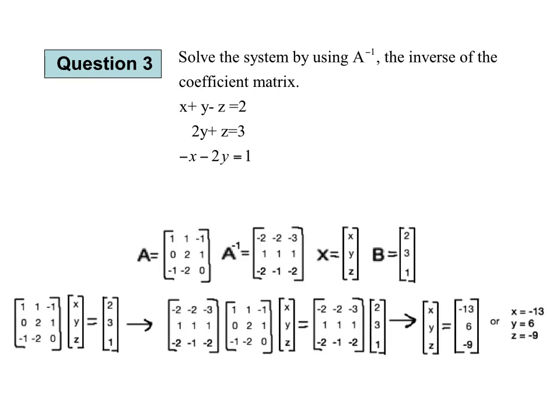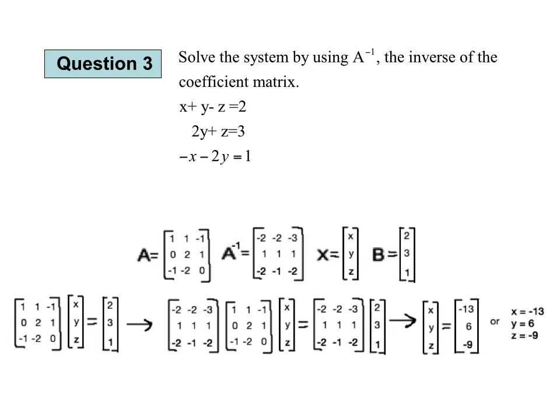Now that you've tried it yourself, let's make sure that we have all the same matrices. So first, we have the coefficient matrix of A, then performing row operations with the augmented form, we find A inverse to be negative 2, negative 2, negative 3, 1, 1, 1, negative 2, negative 1, negative 2.